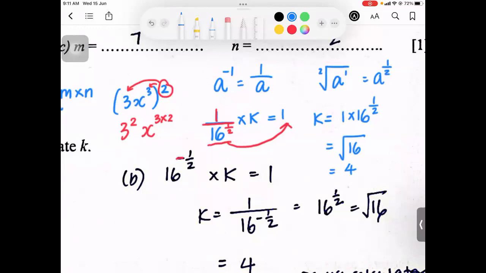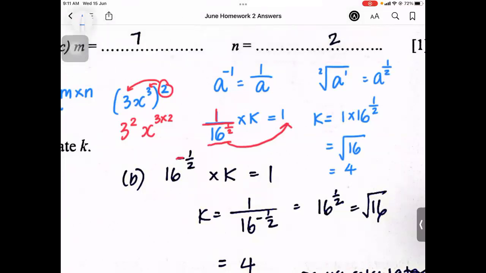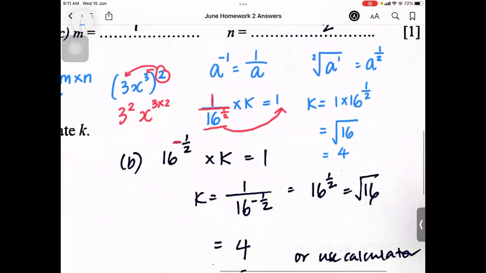Alternatively, there are some students who do not know how to do the answer, but you know logically, I want to find k, I don't want this whole thing. I can just take 1 divided by the whole expression. Then you can leave this to your calculator and get the answer straight away. So there are a few methods.